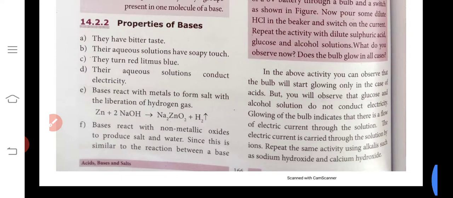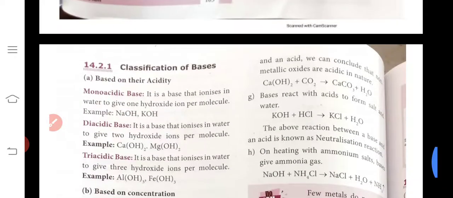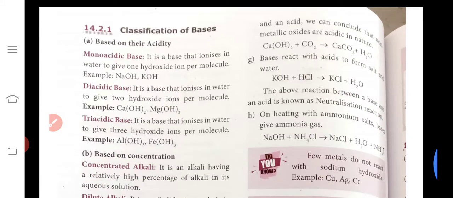Next, bases react with non-metallic oxides. It produces salt and water, similar to a reaction between a base and an acid, so we can say non-metallic oxides are acidic in nature. Ca(OH)2 plus CO2 gives CaCO3 plus H2O. Bases react with acids to form salt and water. KOH is a base and HCl is an acid, giving KCl and water.